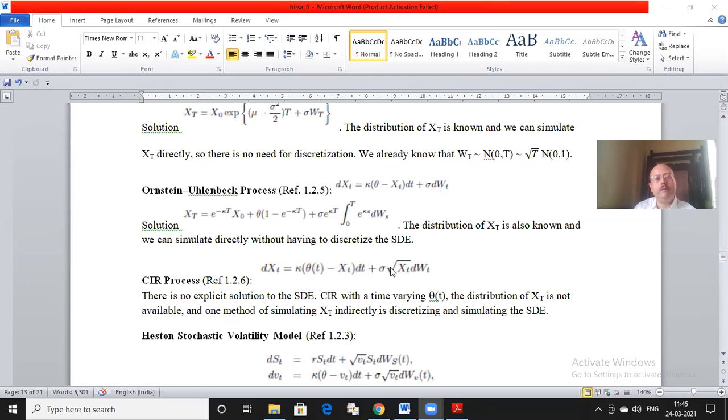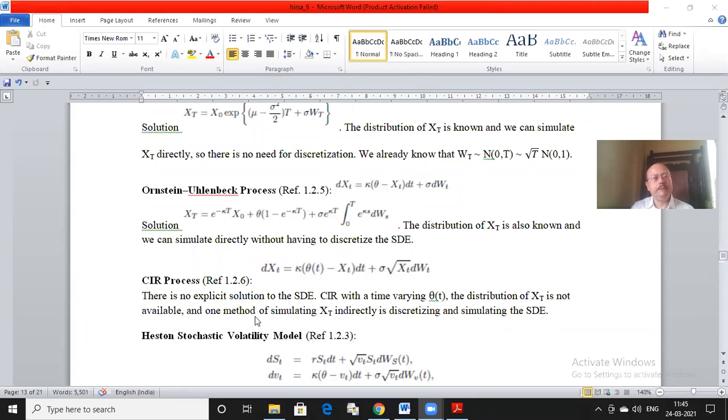So sigma is now replaced by sigma times square root of X_t. Remember, this was done to avoid the stock price from going negative. So we made this adjustment so that the probability of the stock price becoming negative is 0.